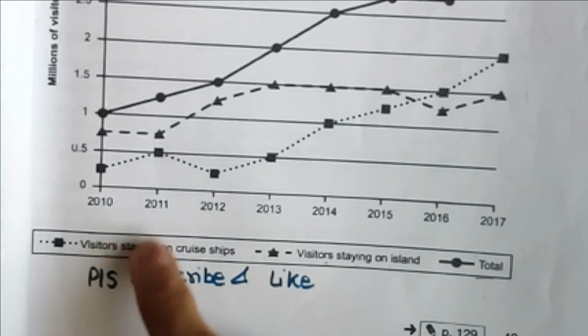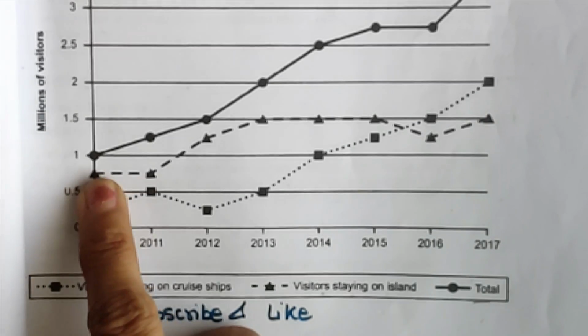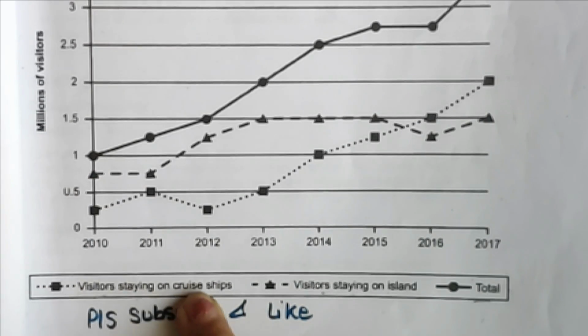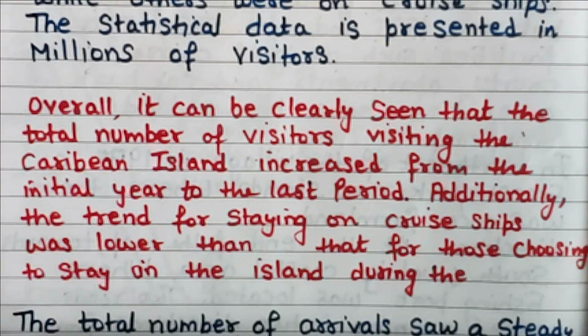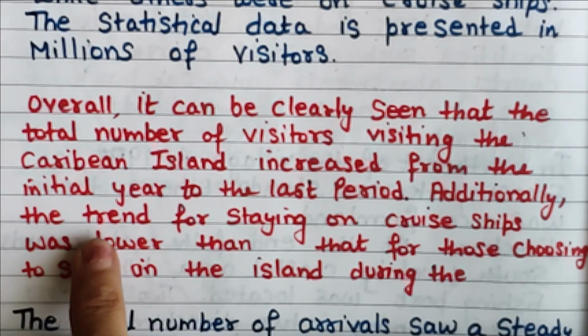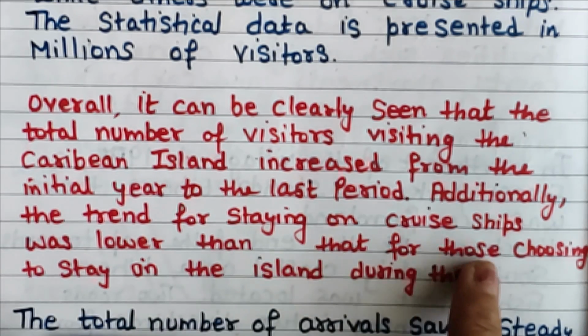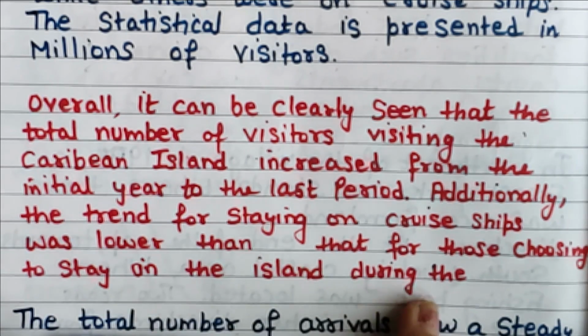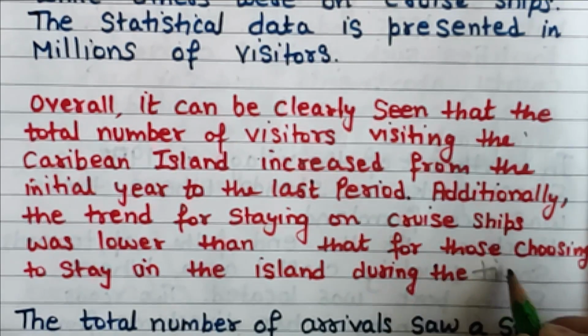So the trend initially in the first year, staying on cruise ships was less than staying on the island, okay. You can see this. Additionally, the trend for staying on cruise ships was lower than that for those choosing to stay on the island during the time period.